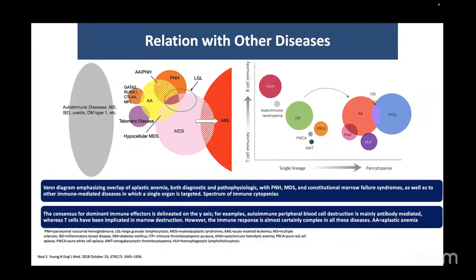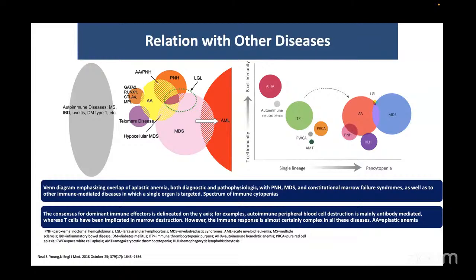It may be an evolving entity in patients who already have an underlying hematological problem such as AIHA or ITP or pure red cell aplasia that has over a period of time evolved into aplastic anemia. And PNH and MDS can coexist. In fact, PNH can precede, PNH can coexist, or aplastic anemia can develop into a full-blown PNH picture.